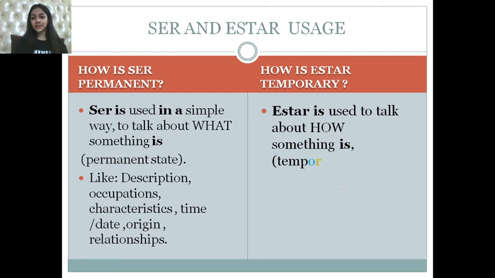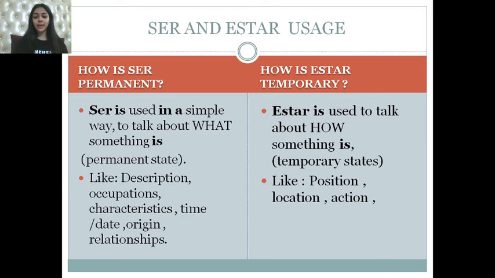Next up is, how is estar temporary? So estar is used to talk about how something is in a temporary state, like position, location, action, condition, and emotions. Now, talking about anything from this part, let's suppose position and location. If we talk about the boys are in the school, we had this example previously, right?